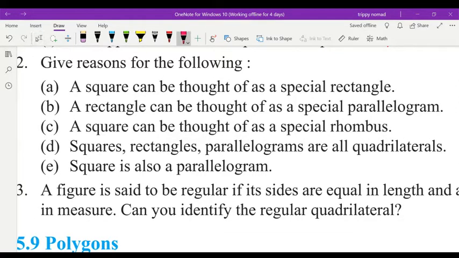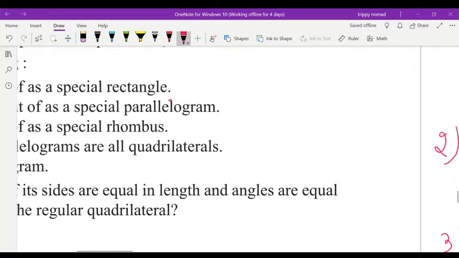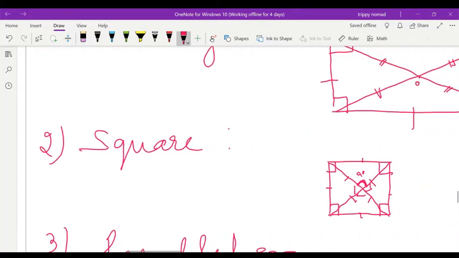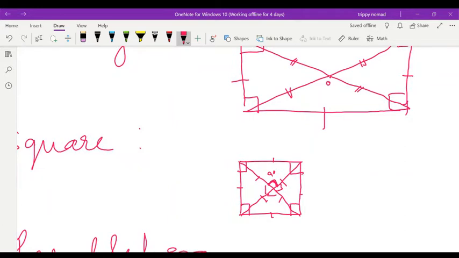Give reason: a square can be thought of as a special rectangle. I have drawn a square here. In a square, all four sides are equal in measure.